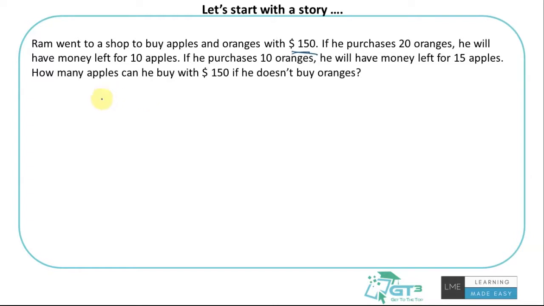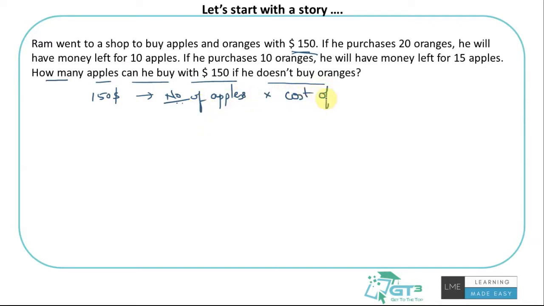First and foremost, let's understand what piece of information is required to answer this question. Ram has $150. To find the number of apples he can buy, what do I need to know? I need to know the cost of one apple.